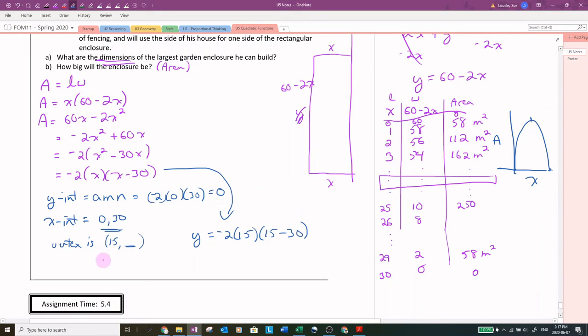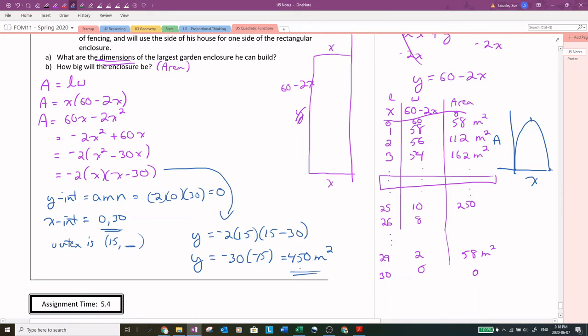We plug our x value of 15 into that, and we get y equals negative 30 times negative 15, which equals 450. So that's the maximum area that we can get with this size fence.